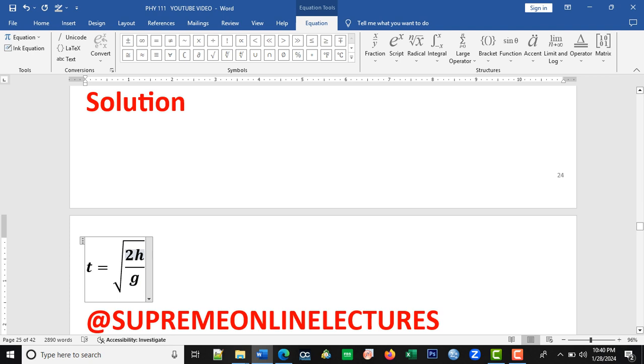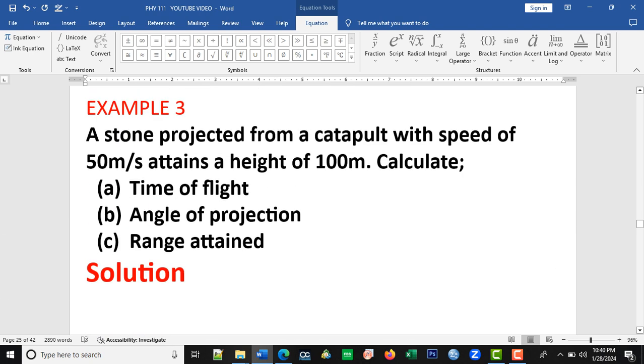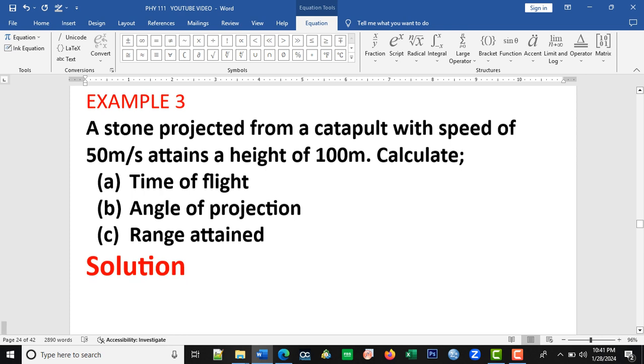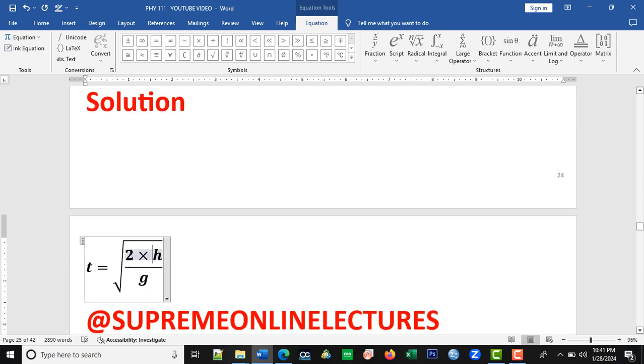So at this point, let me just put times here. Then the height. What was the height? 100 meters. So I'm going to erase this one and put 100. Then G. Let's take G to be 10.